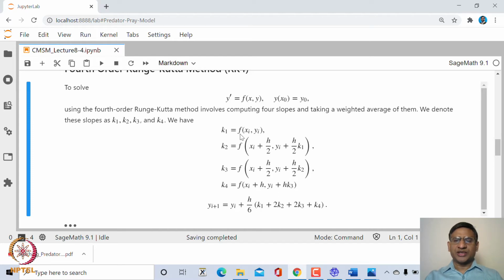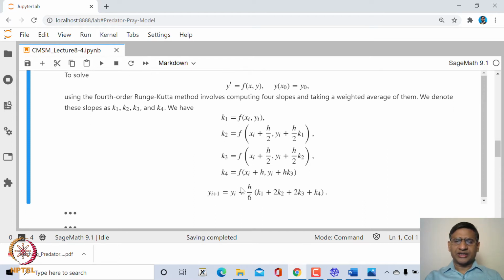K1 is the slope of y at (xi, yi), k2 is the slope at xi plus h by 2, half of the step length, and yi plus h by 2 times k1. Similarly k3 is f of xi plus h by 2, again at half of the step length, comma yi plus h by 2 times k2, and k4 is the slope f at xi+1, that is xi plus h, and yi+1, which will be yi plus h times k3, right.